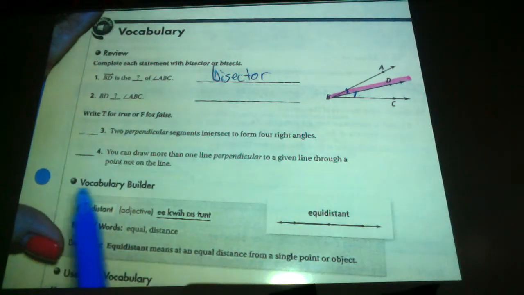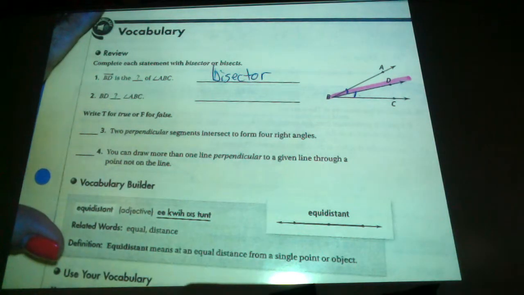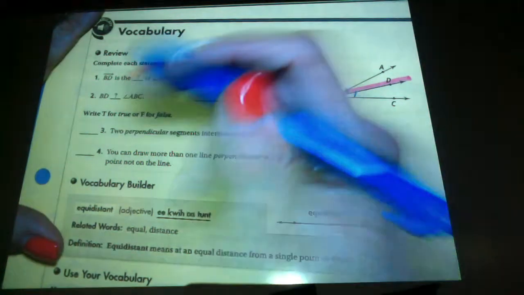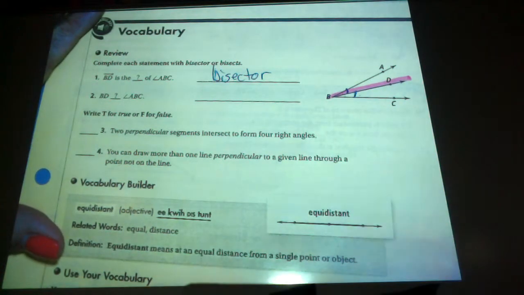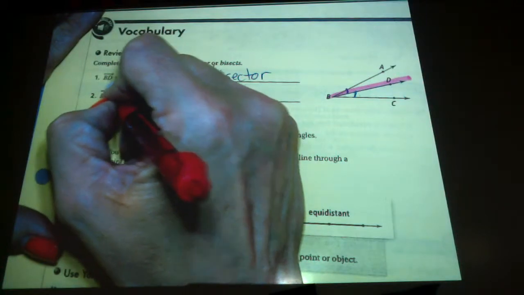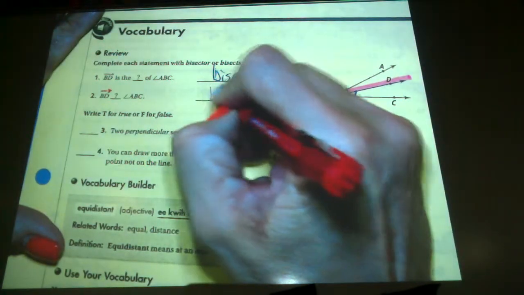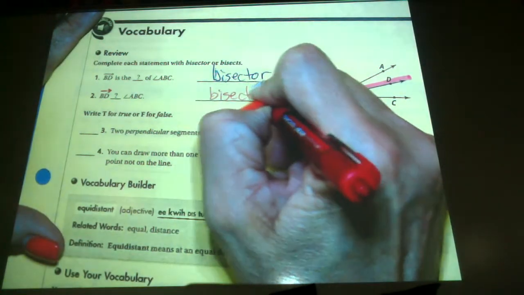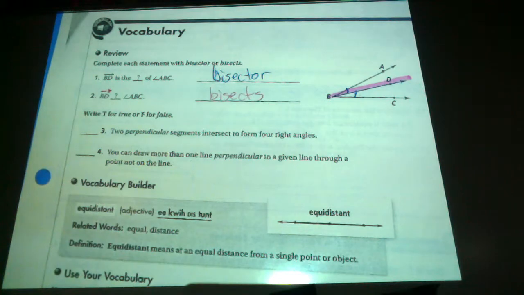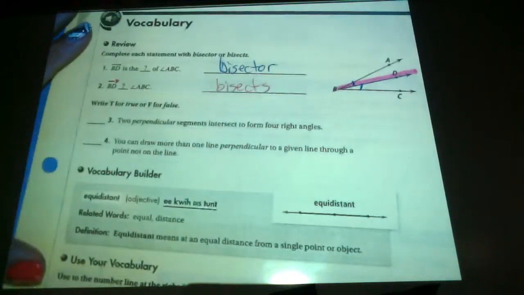Well, that's weird. It must be missing notation. Because the distance doesn't bisect something, does it? So we're definitely missing notation. So please add up here a ray. So ray BD bisects the angle. So then write true or false down here on your own.